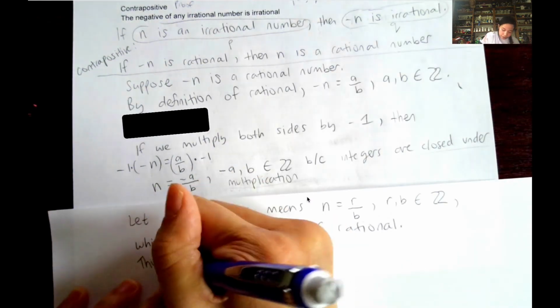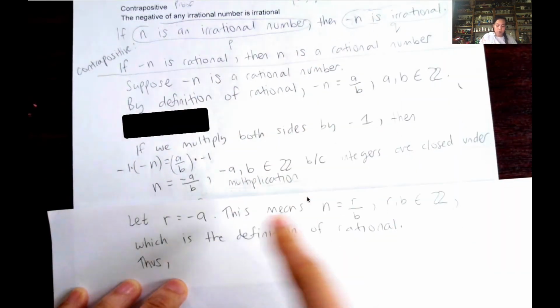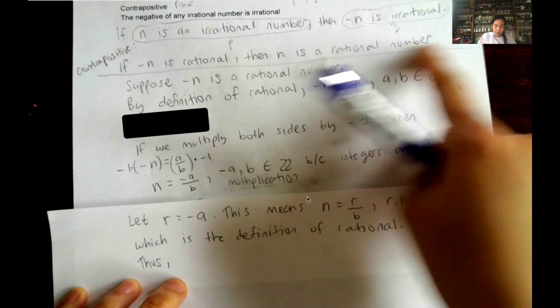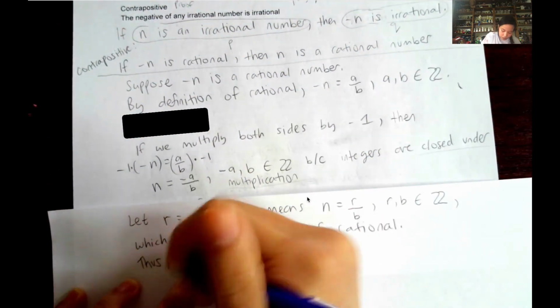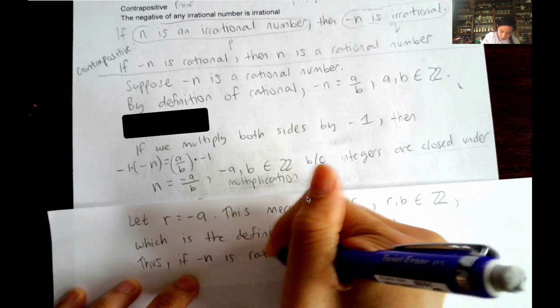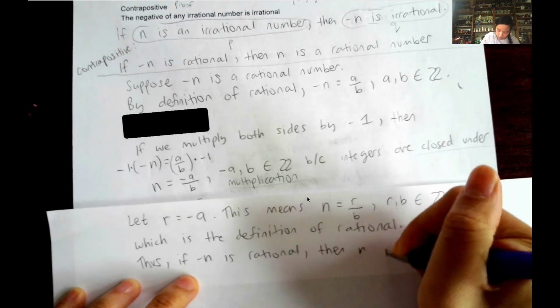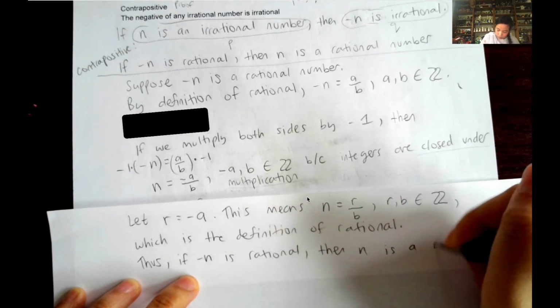But instead of writing the then part of the if-then sentence like we usually do for direct proofs, we're going to write the entire contrapositive. So we're going to say, thus, if -n is rational, then n is a rational number.